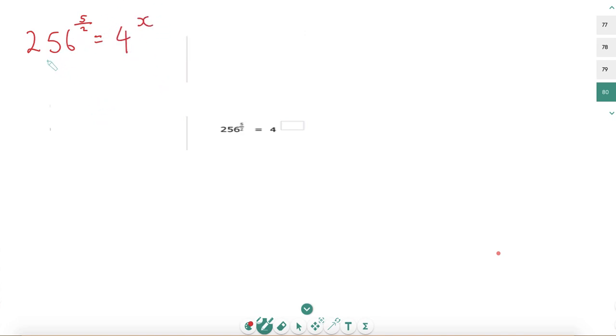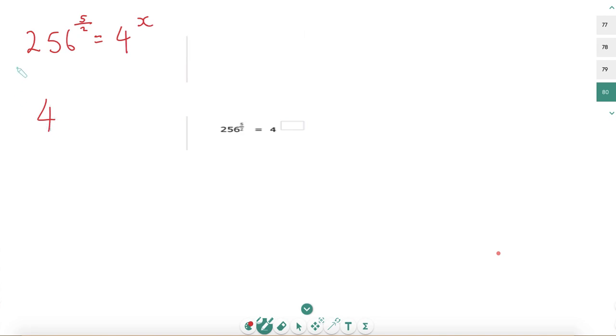Same thing, are the bases common? No. Let's find a common base. Is there a number which we can power to make 256? And is there a number we can power to make 4? Yes, it's 4. 4 to the power of something makes 256.